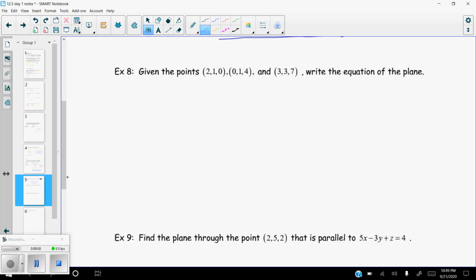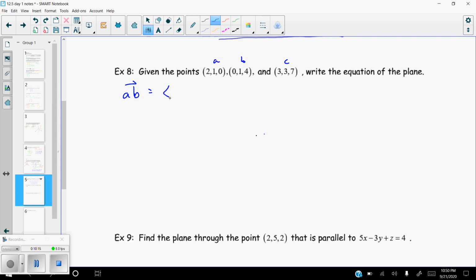So we're going to call this point A, point B, point C. I want to find the vector between point A and point B, so we'll call it vector AB. It's important that you know where you're starting from in this case, because it can actually throw things off. So this is going from A to B, which means the vector starts with B minus A.